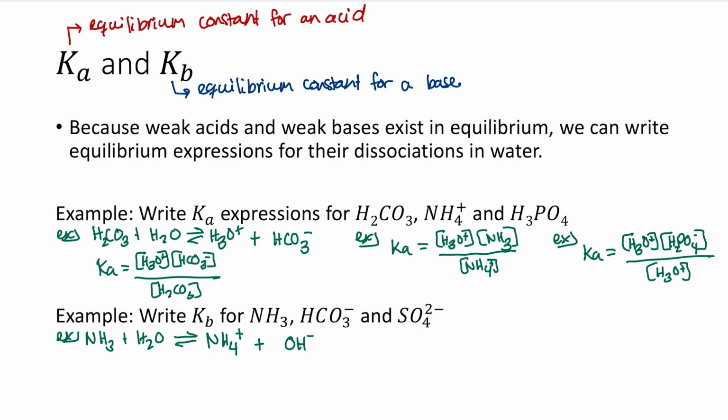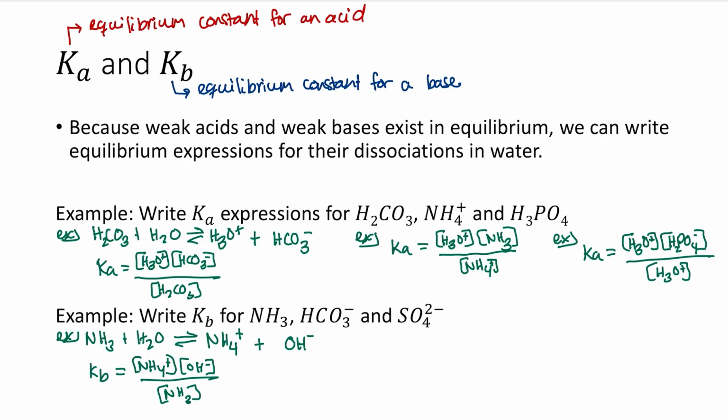So when water is used to dissociate an acid, hydronium ion is always formed. When a base is dissolved in water, then hydroxide will always form. My Kb for the dissociation of ammonia is going to be the concentration of ammonium ion times the concentration of hydroxide divided by the concentration of ammonia.